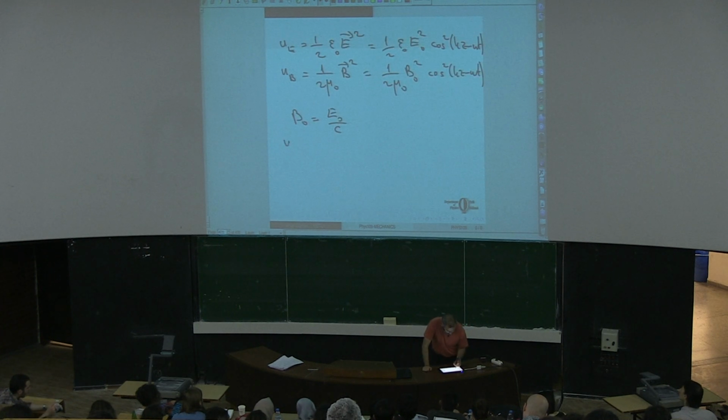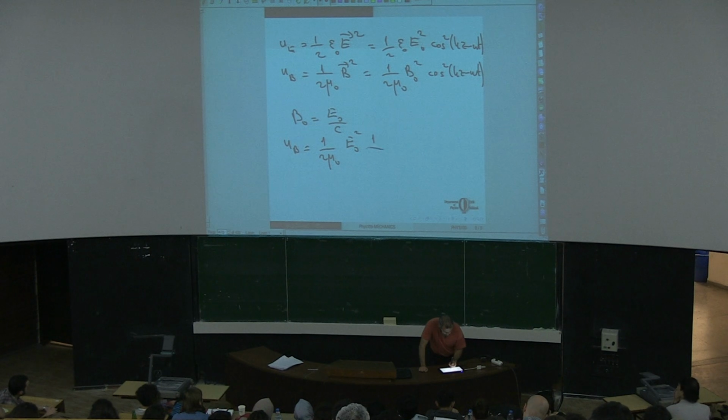So this tells me that the energy stored in the magnetic field would be nothing but 1 over 2 mu 0 B0 squared, which is E0 squared, 1 over c squared, cosine squared (kz minus omega t).